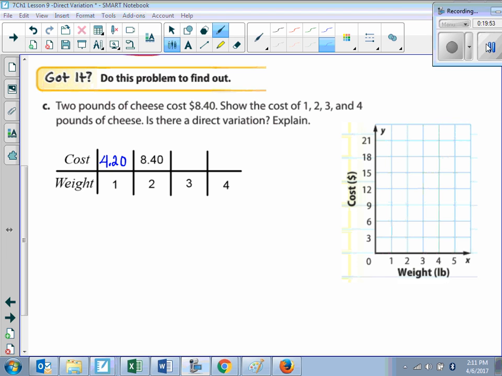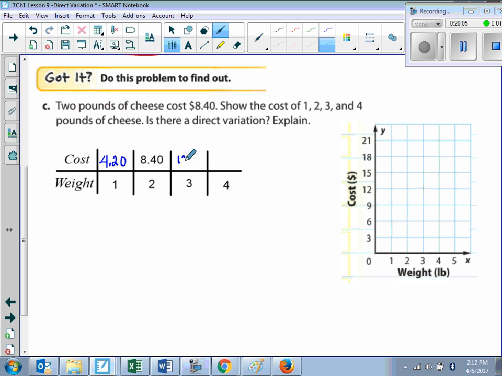So for 3 pounds, we're just going to multiply $4.20 times 3, right? That's going to be $12.60. And then $16.80 for 4 pounds, right? Okay. So now we can graph it.